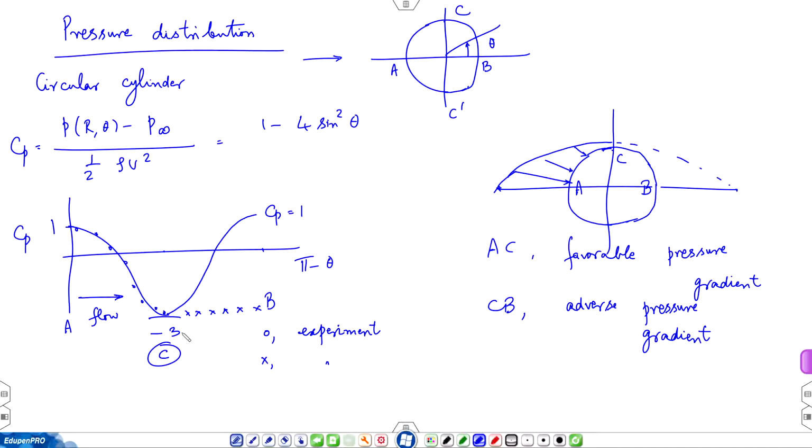It turns out that it's not that pressure decreases and then from point C it should increase as per potential theory, and recover its original value. Instead, it just remains constant. Those crosses show that Cp, that is experimental data, remains practically constant.